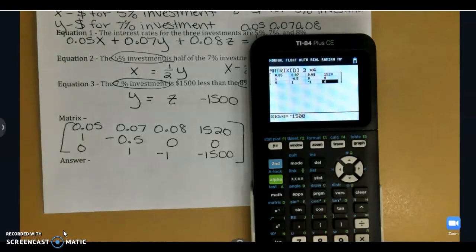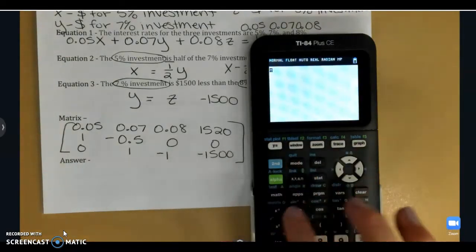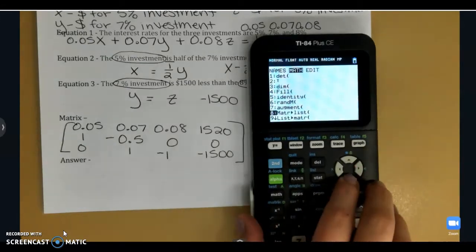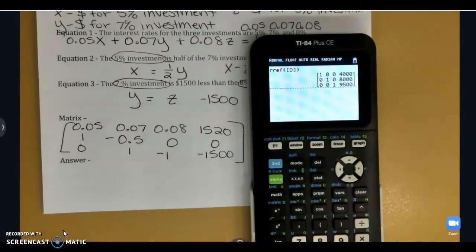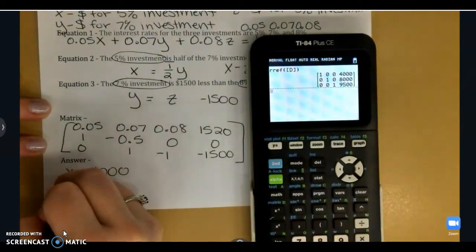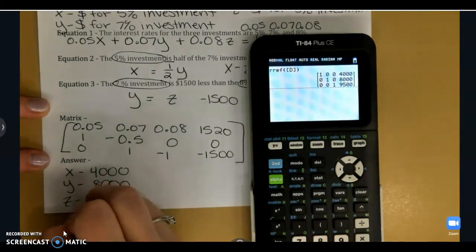Again, making sure you're using the negative button and not the minus button. Oops. And we're going to tell the math menu RREF, that was matrix D. And so we get that X is 4,000, Y is 8,000, and Z is 9,500.